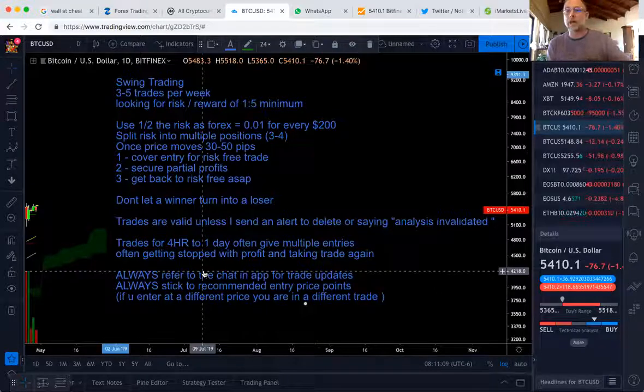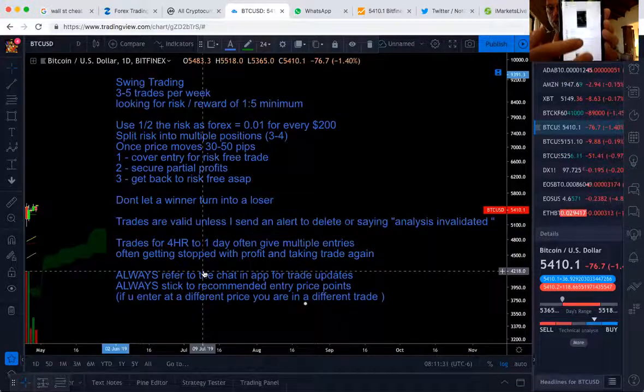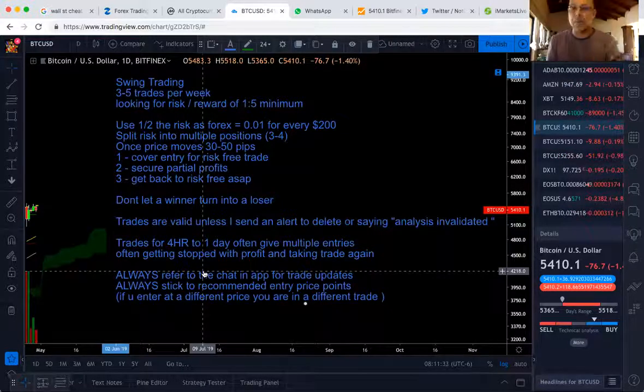I'm always keeping you guys in tune with what's going on with the trade in the broadcast chat in the app, okay? Inside the app, we have a broadcast chat right inside the app. And inside of here is where I'm keeping you guys all up to date with the setups that I'm looking for, the results that we're getting, little videos showing you what I'm looking for next to happen in the market.